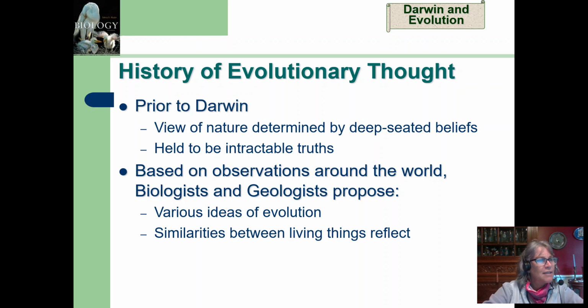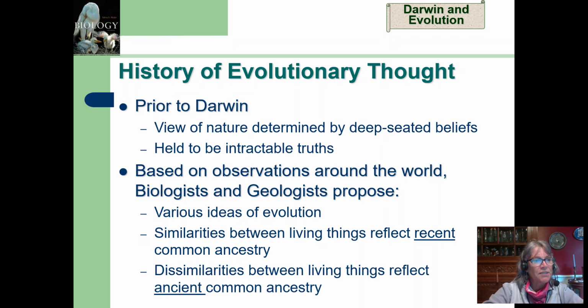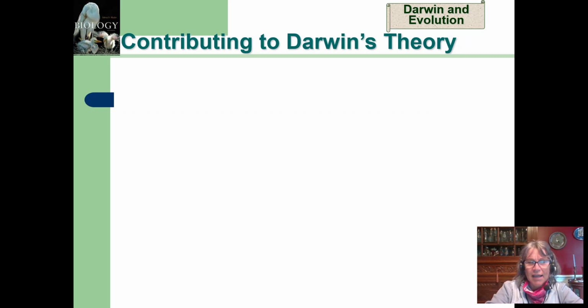They're seeing that there are these similarities between living things, and that probably reflects some sort of common ancestry. And the more similar, the more recent that common ancestry is, and the more different probably suggests some more ancient common ancestry. So that was sort of where we went from where we started at, this is how the earth has always been, to maybe these things are changing over time.